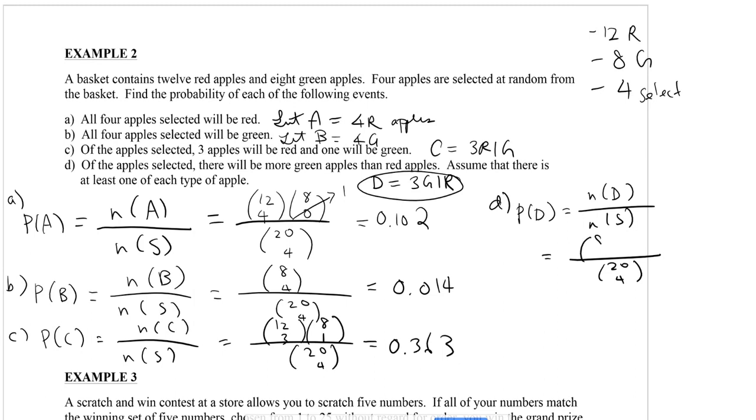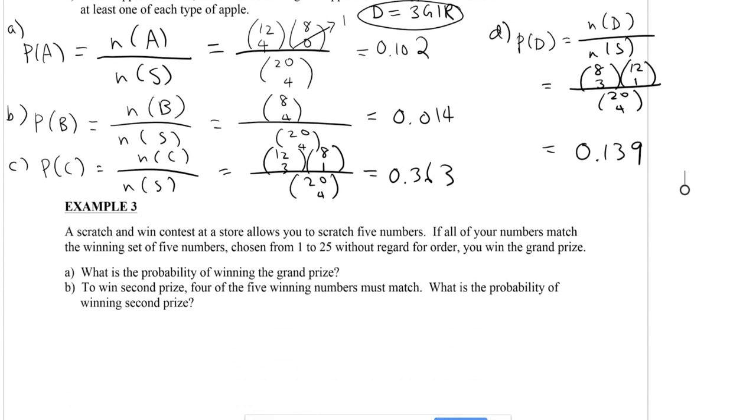So 3 green: 8 choose 3 green apples, and 12 red apples, you're picking one of them. And that gives me 0.139.